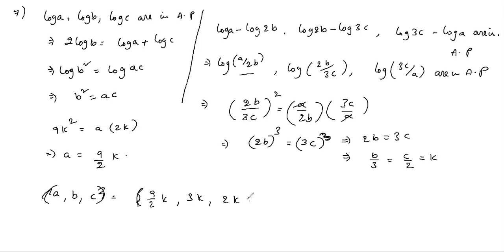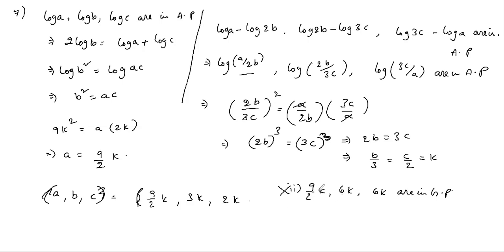Next, A, 2B, 3C are in GP. Second option: A value 9 by 2K, 2B is 6K, 3C is 6K. These are not in GP, so the second option is wrong. First option wrong: A, B, C are not in HP. When taking reciprocals, you won't get an AP.